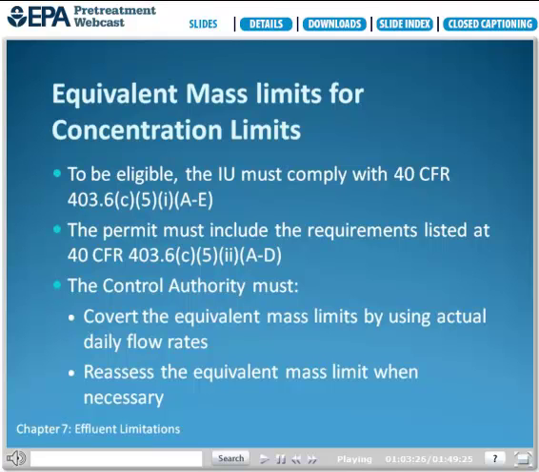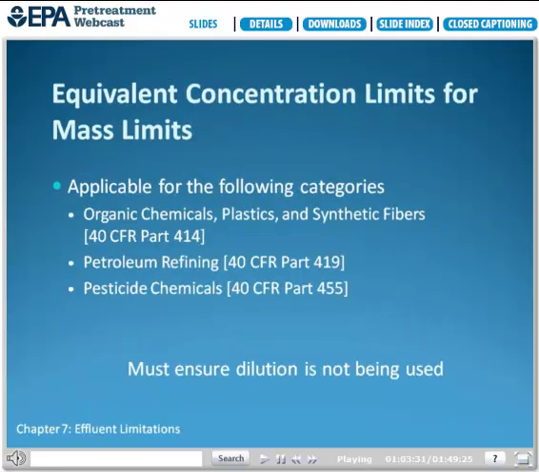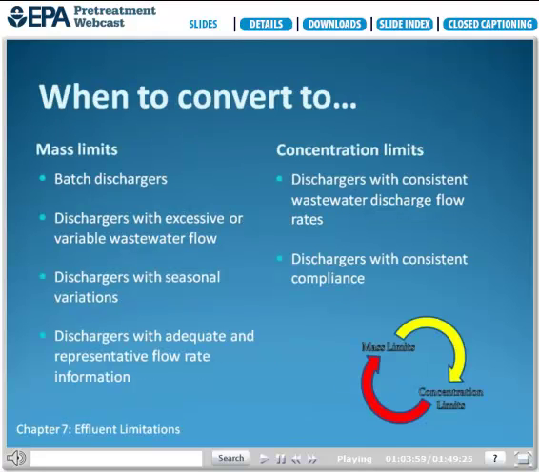The equivalent concentration limits for mass limits are applicable for the following categories: the organic chemicals, plastics, and synthetic fibers, petroleum refining, and pesticide chemicals. The control authority can also convert categorical mass limits into concentration limits. The next slide demonstrates when it might be appropriate to convert the mass to a concentration.